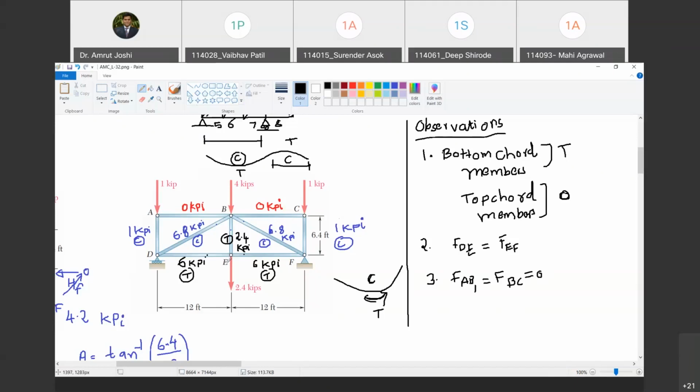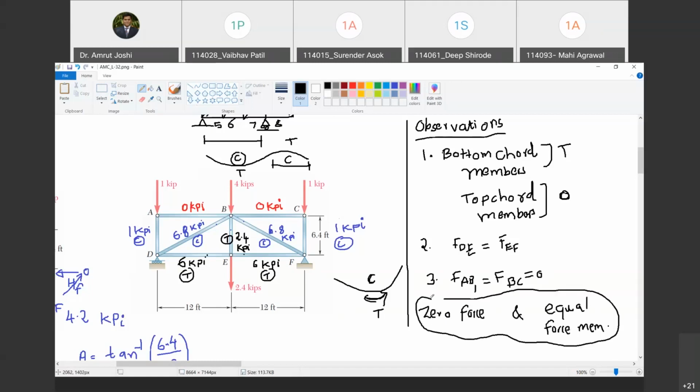Yes, sir. So that is going to be our next point, how to identify zero force and equal force members. क्या बोलेंगे इसको? Zero force and equal force members just by looking at geometry, support conditions and loading. Are you with me? Yes, sir. If I am able to do so, I will simplify my analysis effort by a great extent.